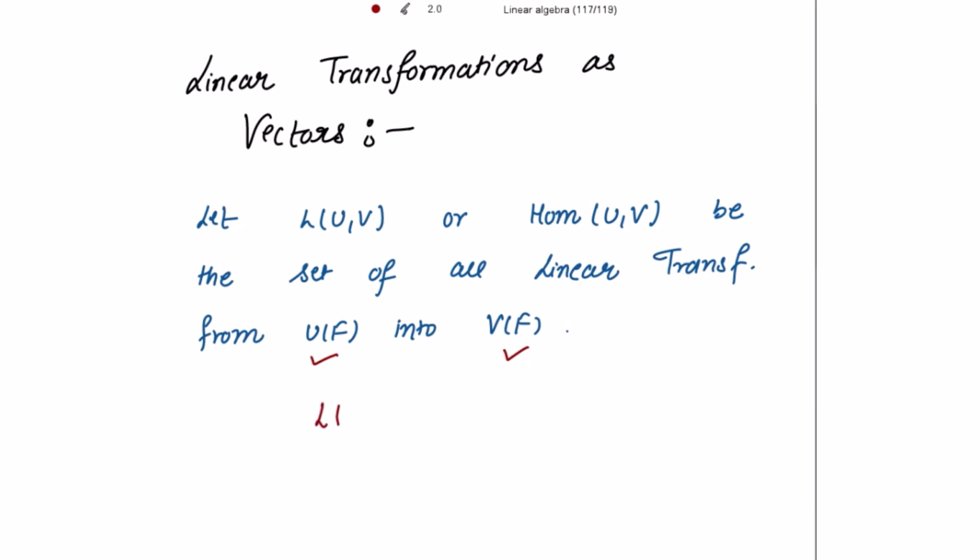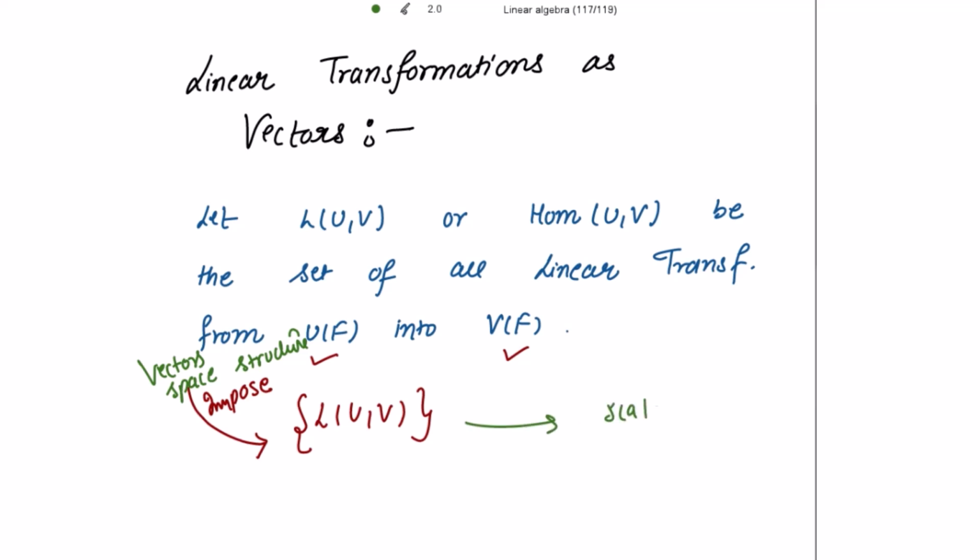If we are having the set of all linear transformations and we need to impose a vector space structure on all these linear transformations over the field F, then for this purpose we define the scalar multiplication and addition in the set of these linear transformations.